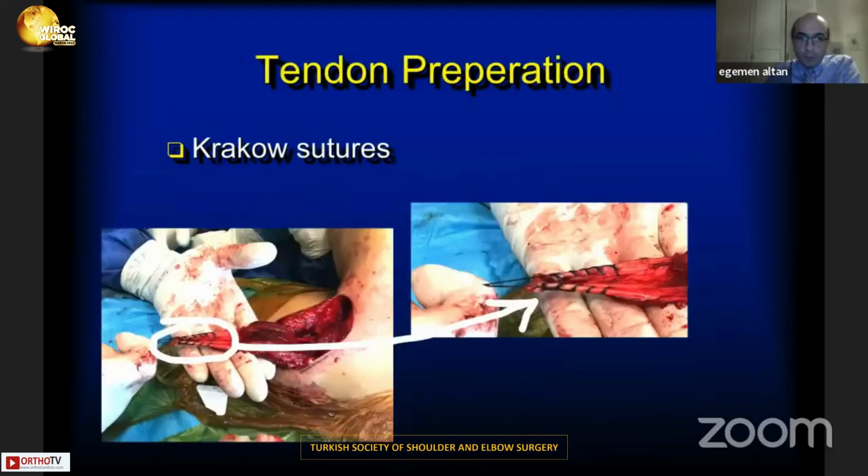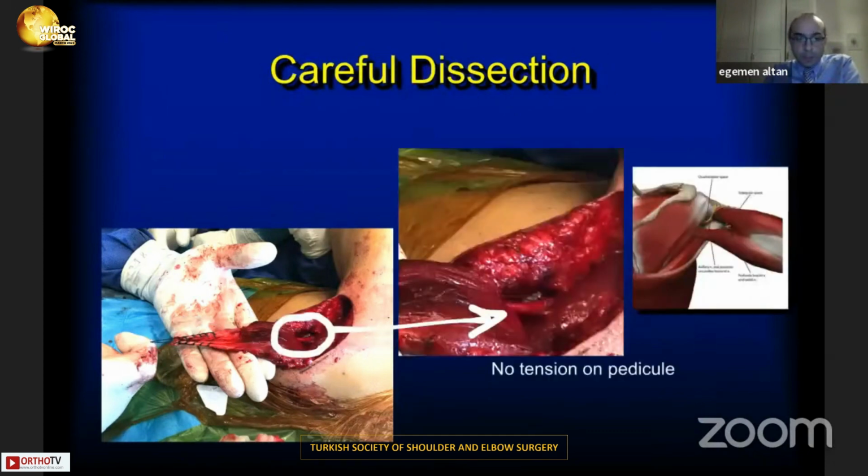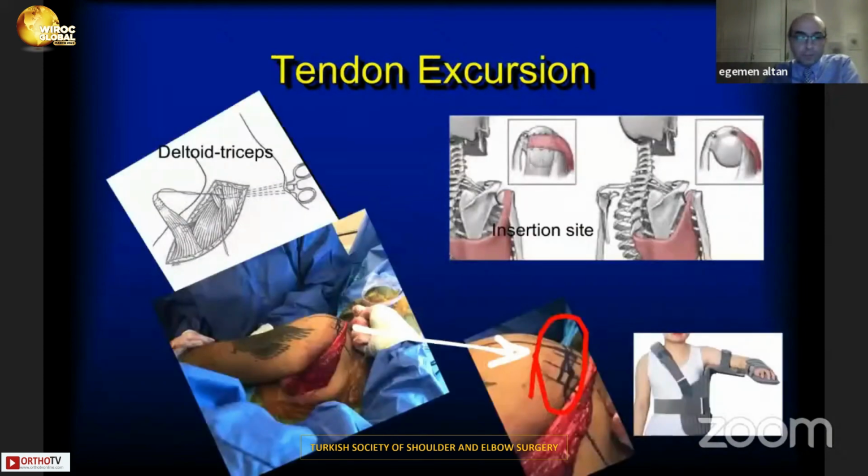And we performed latissimus dorsi tendon transfer for this patient. You see the technical details here, Krackow sutures. And these were the pedicles. There mustn't be any tension on the pedicles, as you see here, with a careful dissection.